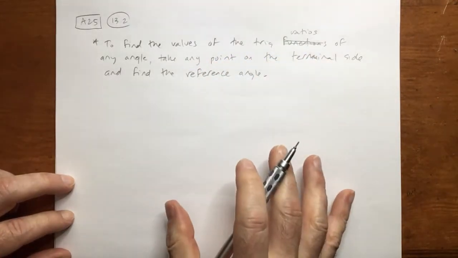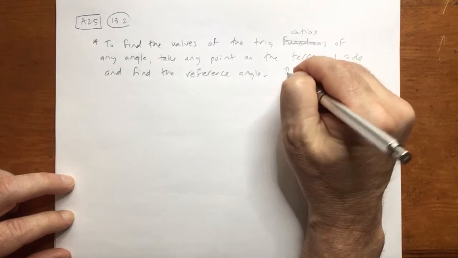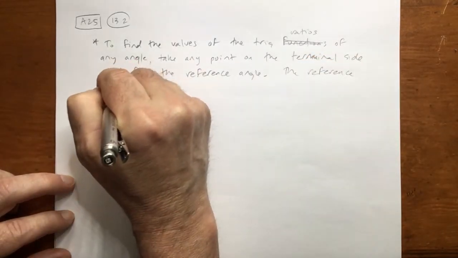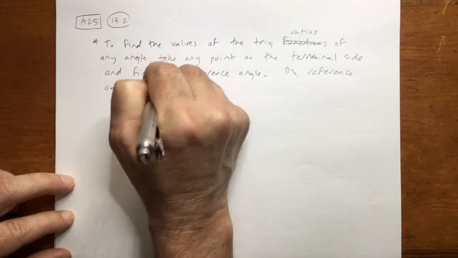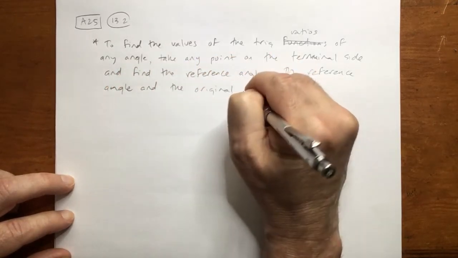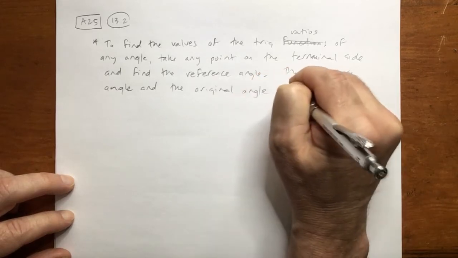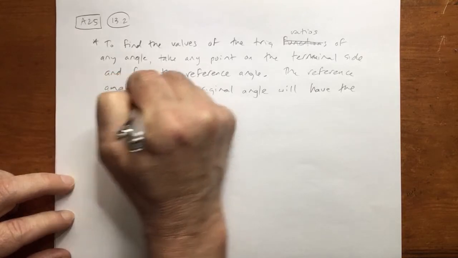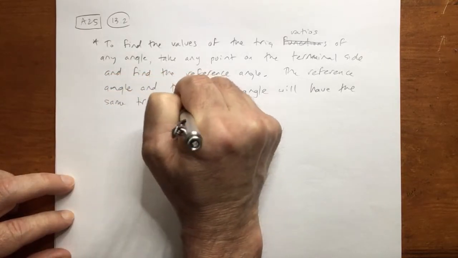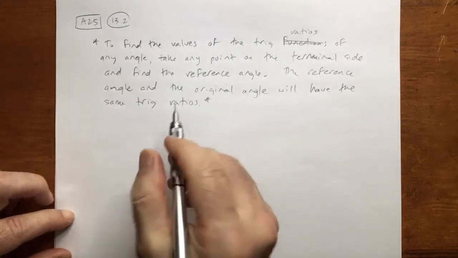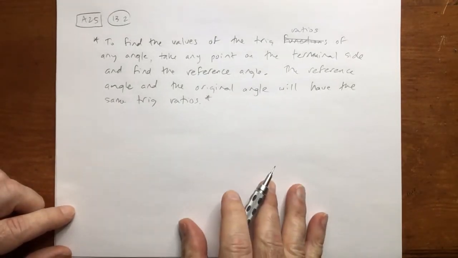Okay, just like we learned. Okay, the reference angle and the original angle will have the same trig ratios. Like I said, I doubt we'll get to the explanation of that this year.